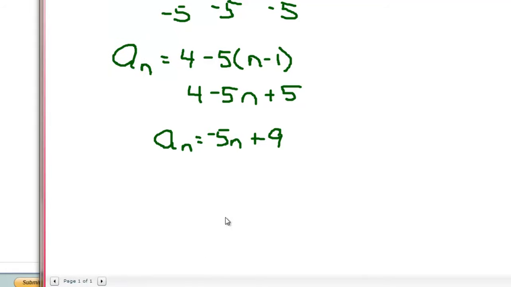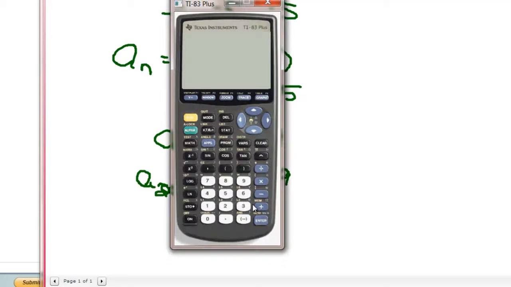Now we want to get the 20th term. So a sub 20 is going to equal negative 5 times 20 plus 9. This one's pretty simple to do, but we'll put it in the calculator so you can see it.